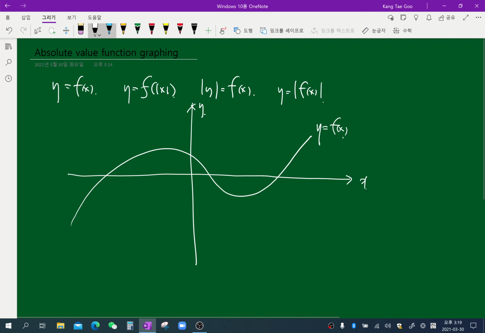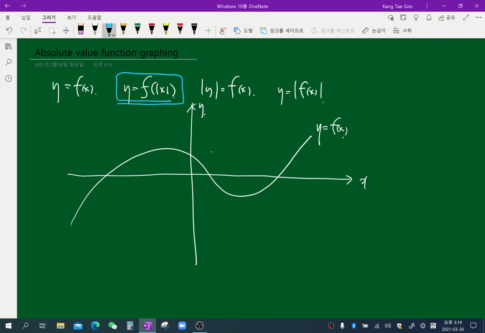Then the first thing I'll explain is how we can draw y = f(|x|). The first thing you need to think before you start to draw is where those two functions are exactly the same, the blue one, f of absolute value of x, and the original function.